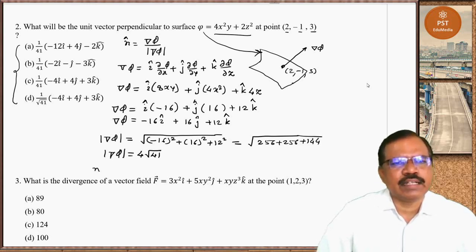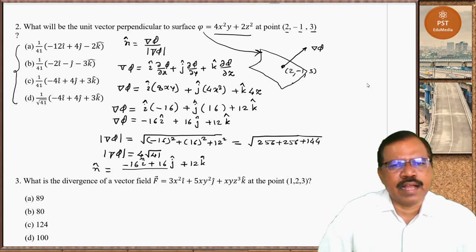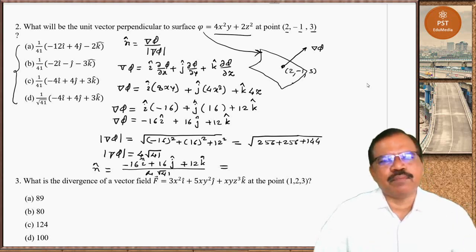So what is the unit vector? Unit vector, that is minus 16i plus 16j plus 12k divided by 4 root of 41. So you can divide by 4.